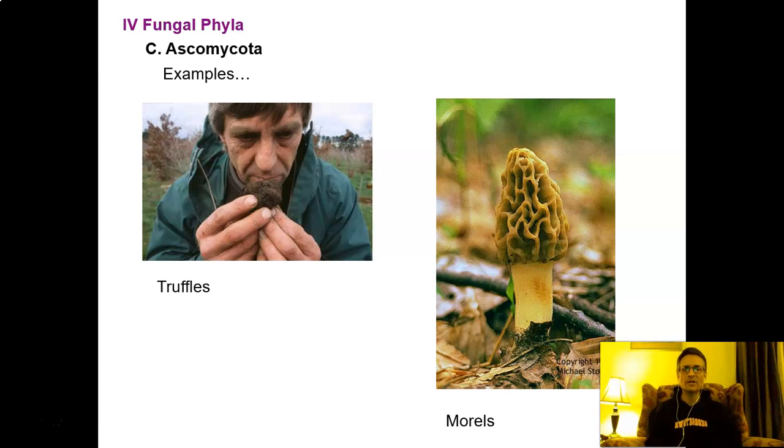However, some of the more common ascomycetes that you might be familiar with don't have as clear a sac structure. So morels, what are known as morel mushrooms, even though they're not actually mushrooms, are ascomycota, as are truffles, if we want to think about some particularly rare and particularly tasty examples of this particular phylum.